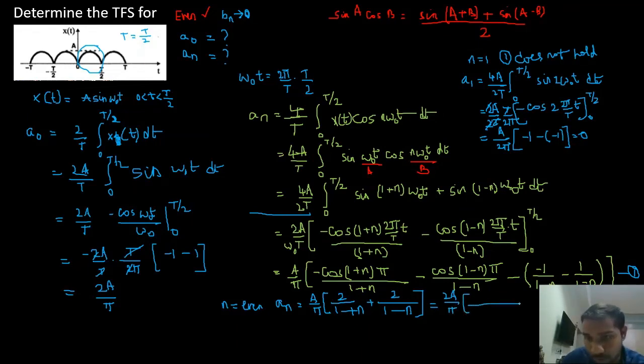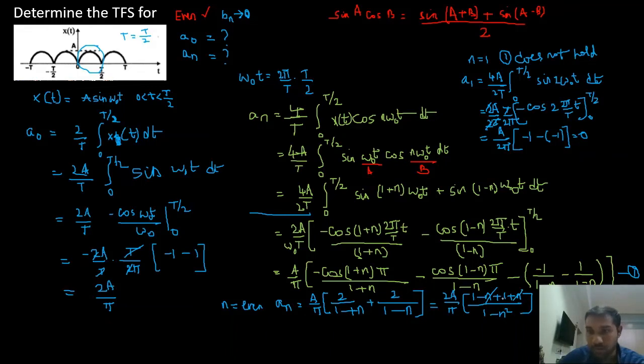So let me take the LCM, that is 1 minus n square. A plus b into a minus b is a square minus b square. Here I have 1 minus n plus 1 plus n, and n gets cancelled here.